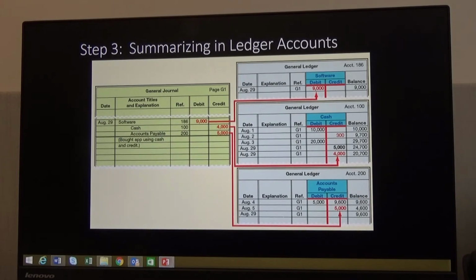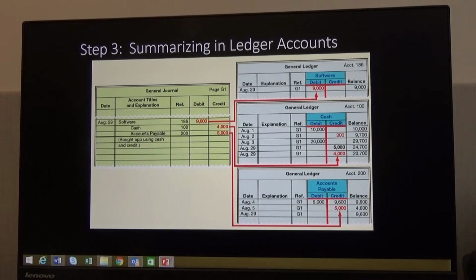The entry from August 29th in the general journal showed that we need to credit that cash account, which is number 100, for $4,000. And so we go to the general ledger and we find the cash account, account number 100, and we write in August 29th for today's date, and we write in a credit entry of $4,000, and then we recalculate the balance, seeing that the balance now has gone down by that $4,000 amount.